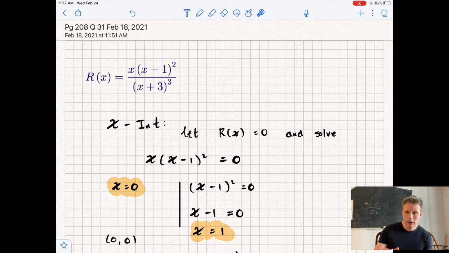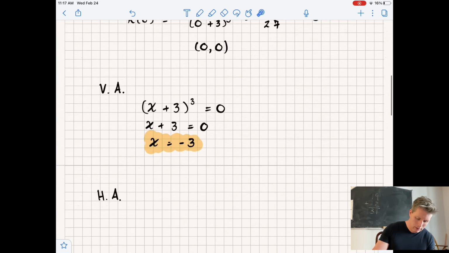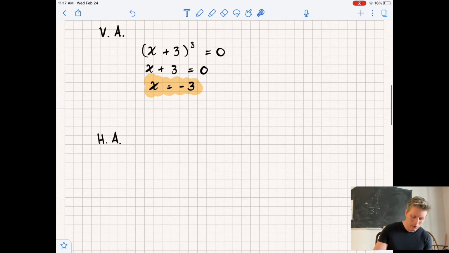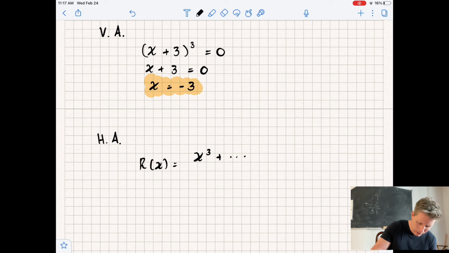Again, I'm going to have an x cubed term. Again, that's cubic. So my r of x is going to be x cubed plus whatever else all over x cubed plus whatever else follows.